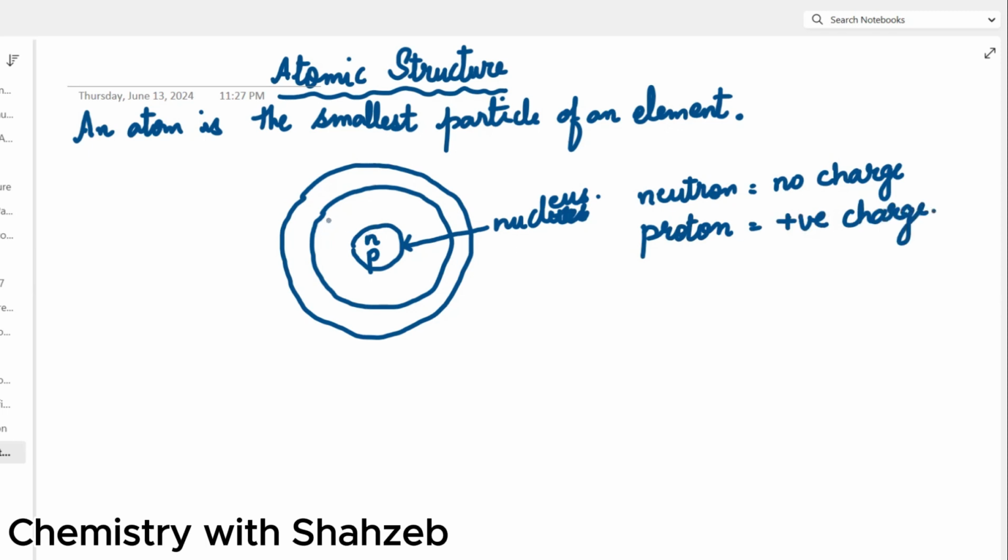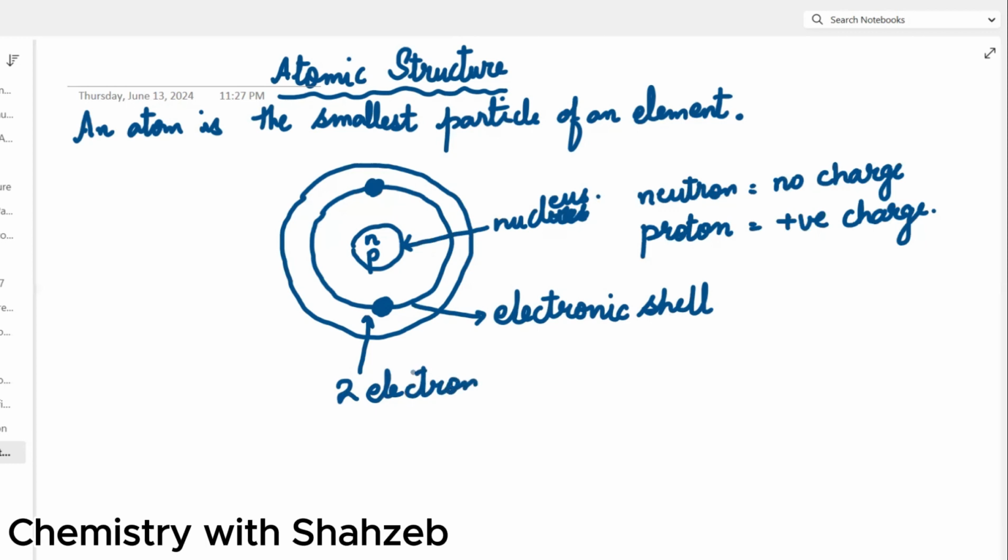In the surrounding of the nucleus, the electrons revolve in these shells. They are called electronic shells, in which electrons revolve around the nucleus. In the first shell, two electrons can be filled, and in the next shell eight electrons.